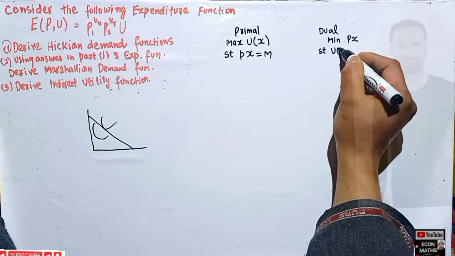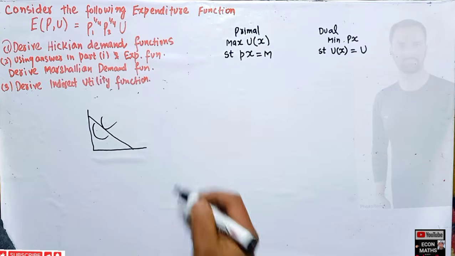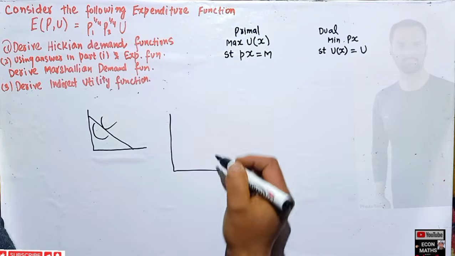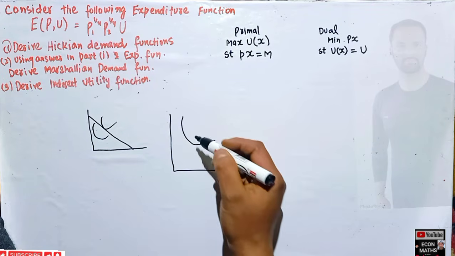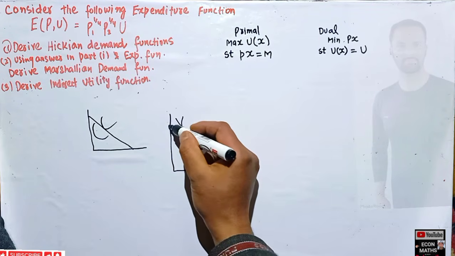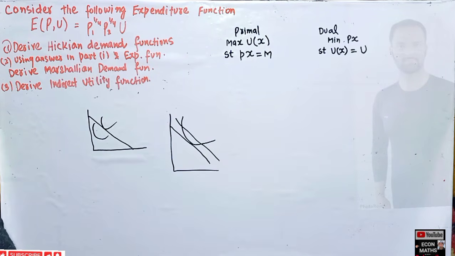We are given the utility level, and we want to achieve it with the minimum possible expenditure. This is the dual problem, and this is the primal problem.